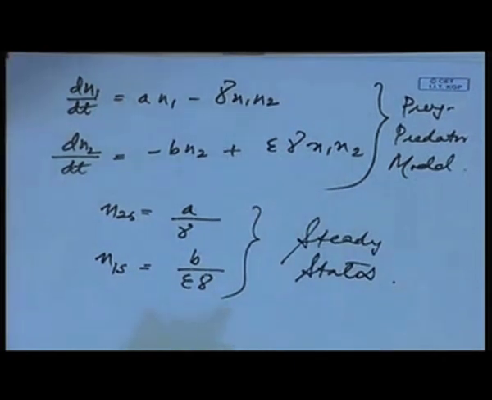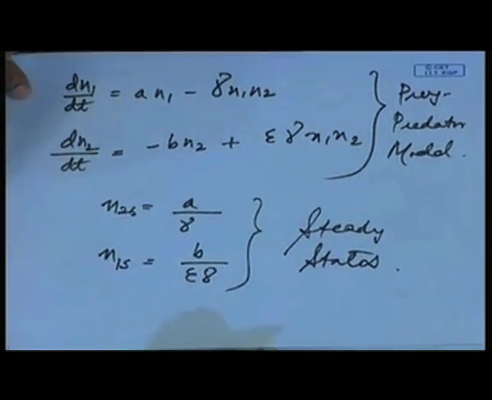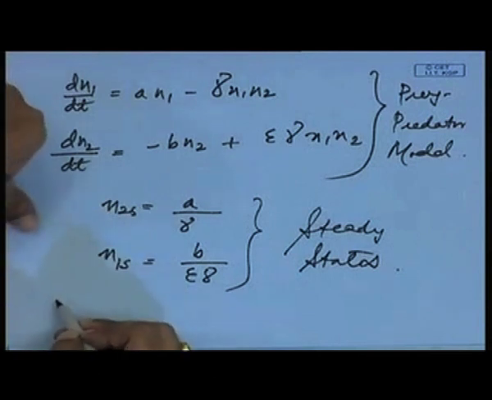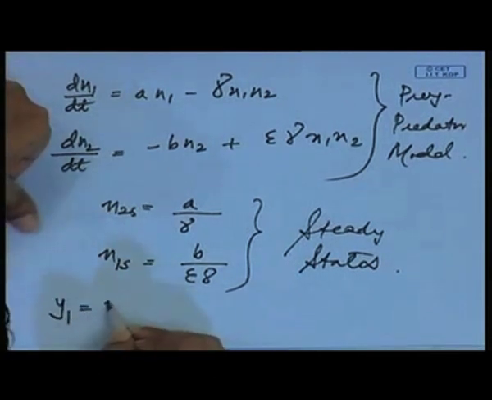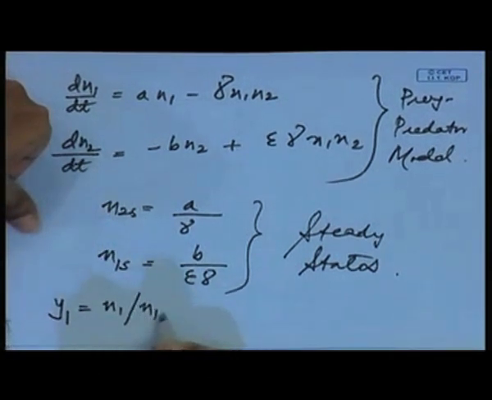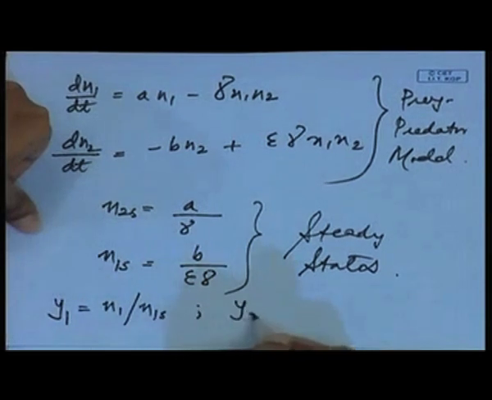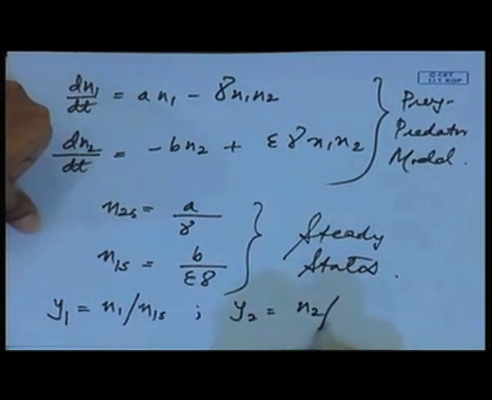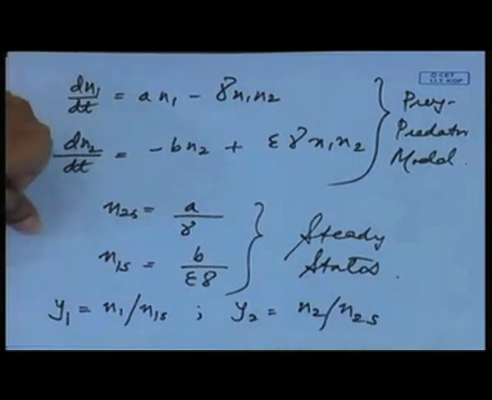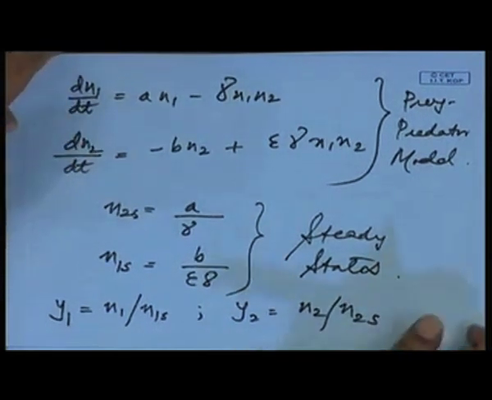Now, the next step that I want to do is convert these two equations into dimensionless form using the steady state values, or in other words, let us call y1 equals N1 over N1S and y2 equals N2 over N2S. So, this is what I am going to do.